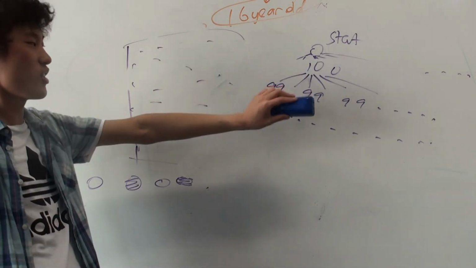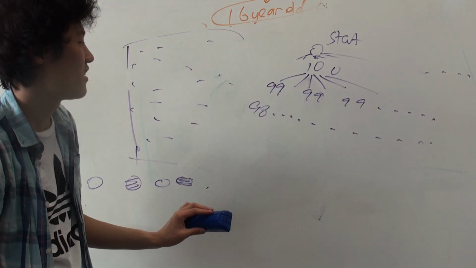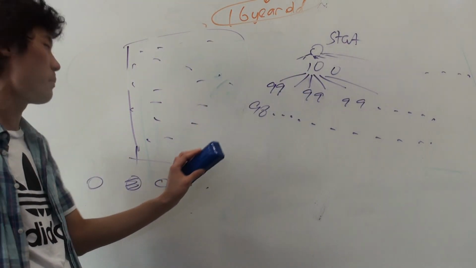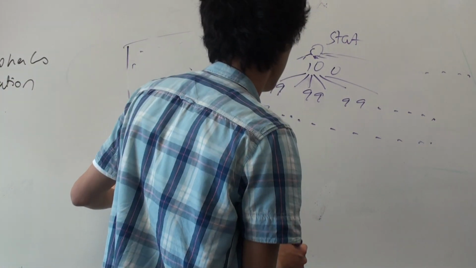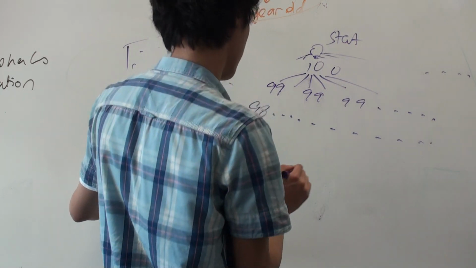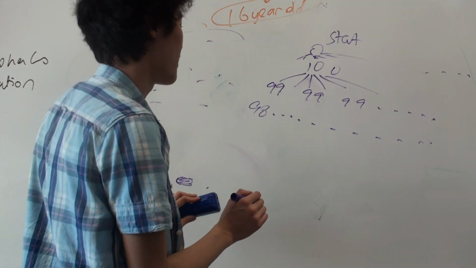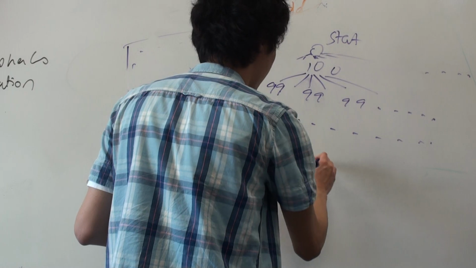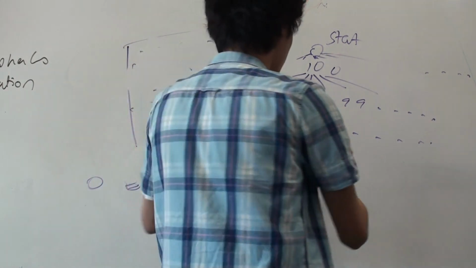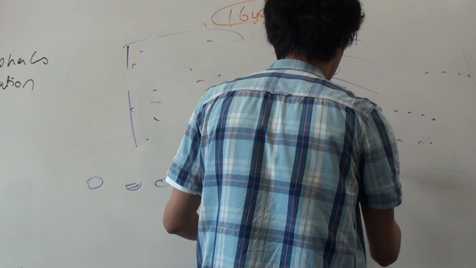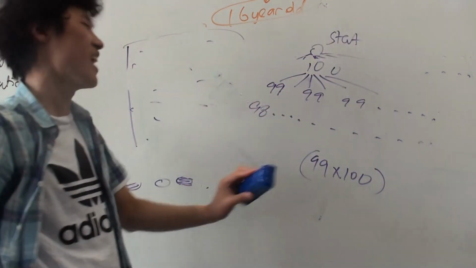You have to check so many combinations of every single one. If you do the maths, it's something like 99 to the power of 100. Anyways, it's a very big number.